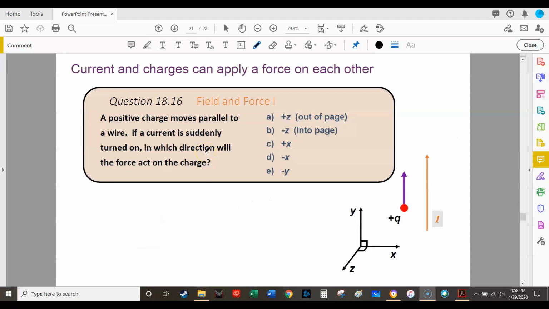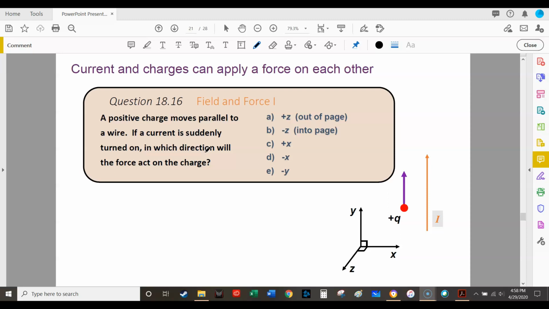Okay, so now let's do some other things. What do you do when you have a charge interacting with a current? Okay, so now you're not given a magnetic field, and you have to figure out the direction of the magnetic field.